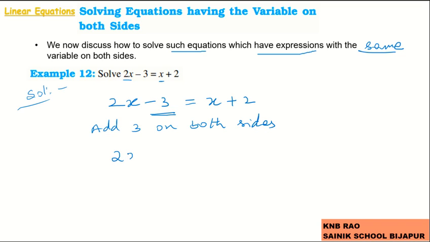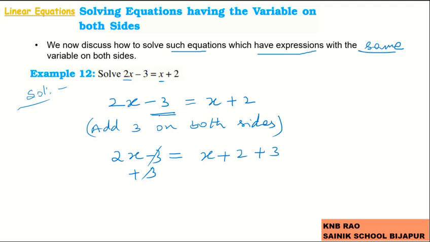Then automatically I will not have this subtrahend in the left hand side, it is going to be added in the right hand side. The same step I call transposing 3. So we explained transposing subtrahend 3 to RHS.